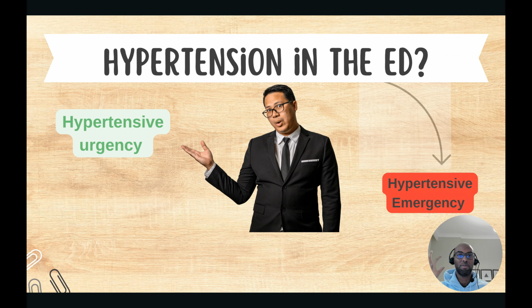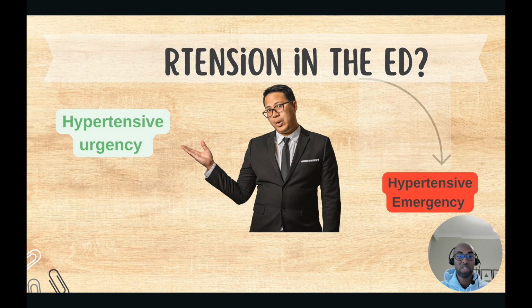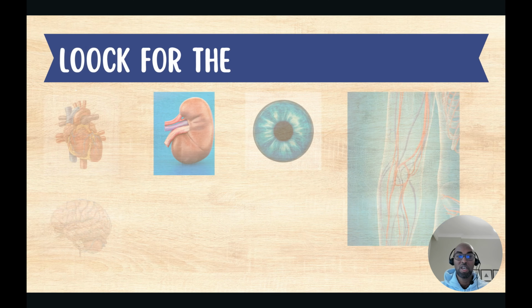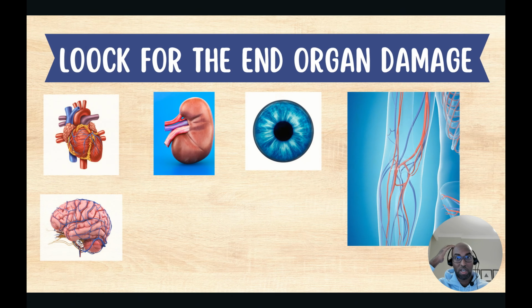Is it a hypertensive emergency or hypertensive urgency? And how do you know it is a hypertensive emergency? There is an end organ damage. And what's the end organ damage in this case? It's the CNS, eyes, the heart, the kidney, and the blood vessels.